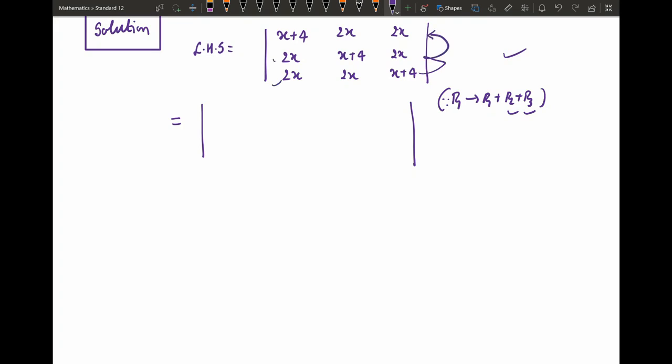So 2x plus x, that is 5x plus 4. Similarly here 2x plus x plus 2x, so 5x plus 4, and here also it will be 5x plus 4. So we have performed R1 to R1 plus R2 plus R3.